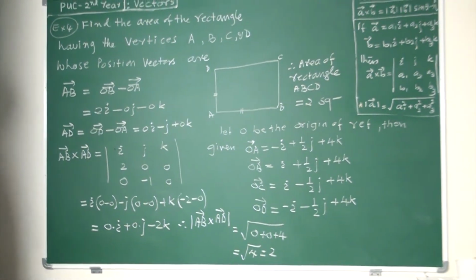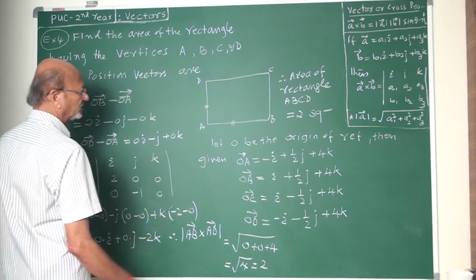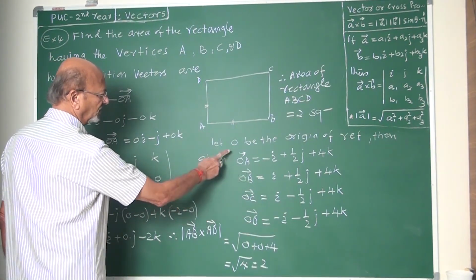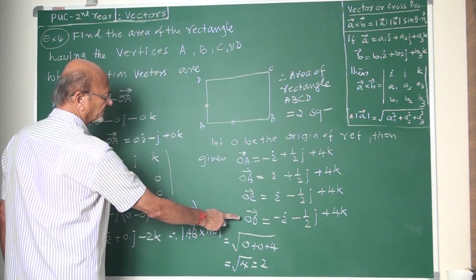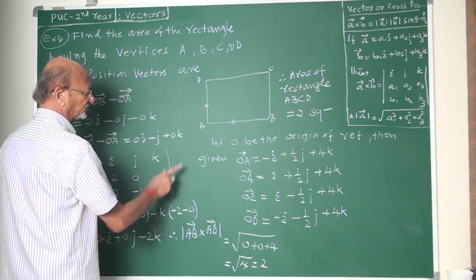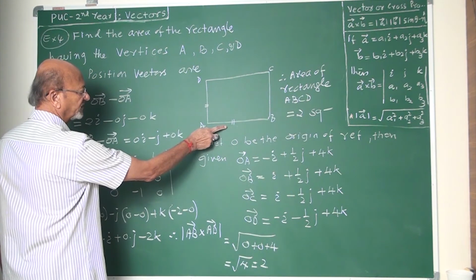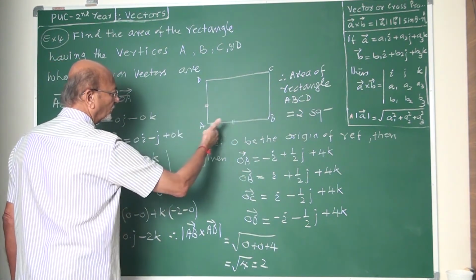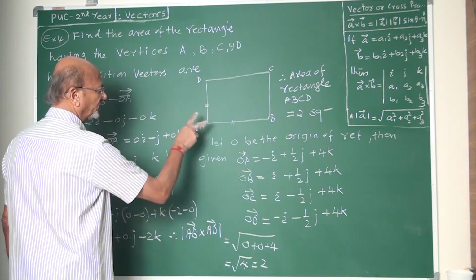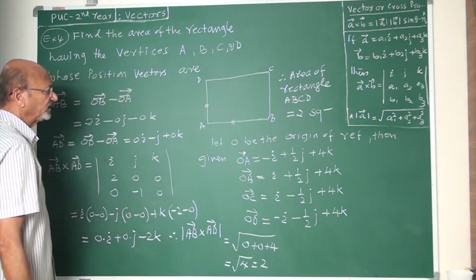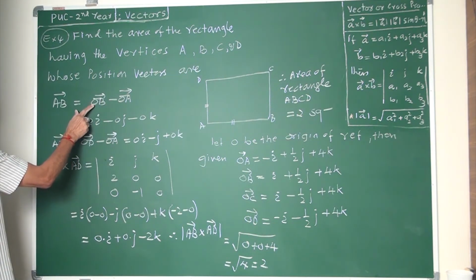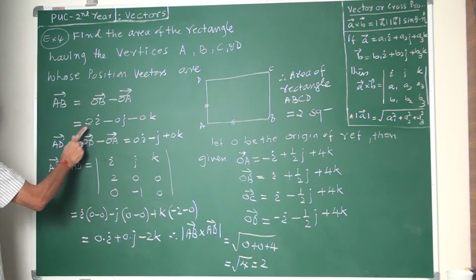I hope it is clear. The position vectors of the vertices are given as these. If O is the origin of reference, these are the position vectors of the vertices. From the figure, what are the adjacent sides? AB and AD we have considered. Otherwise, you could go for BA, BC, like this. We have taken AB, AD. AB by result is OB minus OA, AD is OD minus OA.